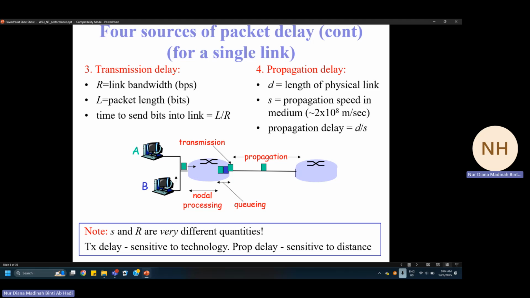Next is the propagation delay. D is the length of the physical link. S is the propagation speed in the medium, usually approximately 2 times 10 to the power of 8. So your calculation for propagation delay would be D over S.